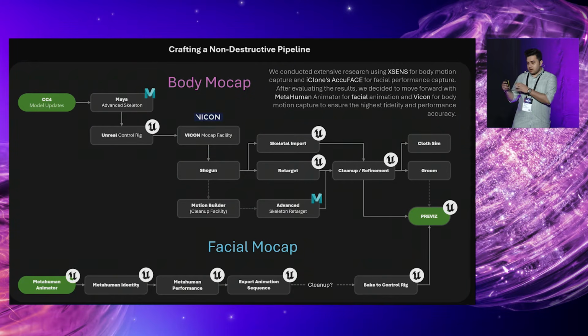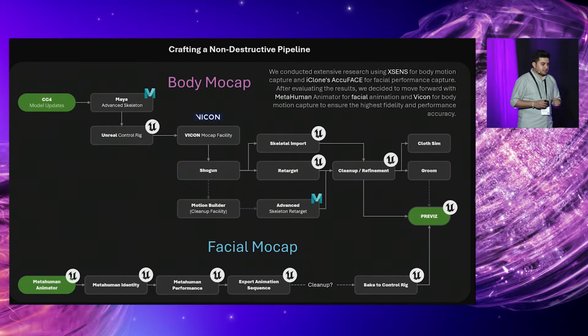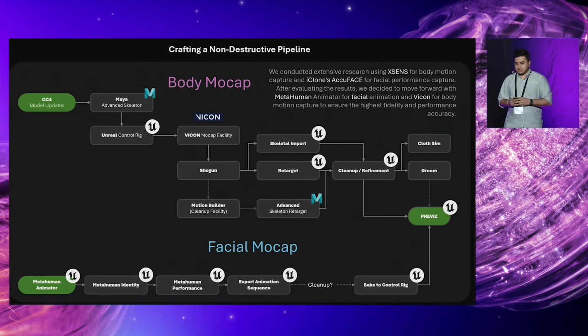You can see it on Shogun and also see the live preview of the animation inside Unreal Engine before passing it downstream to the animation team. If a cleanup and refinement is needed, it could be done using Maya with advanced skeletal retarget, and then it could be ready for the cloud simulation, which we will see in a bit.